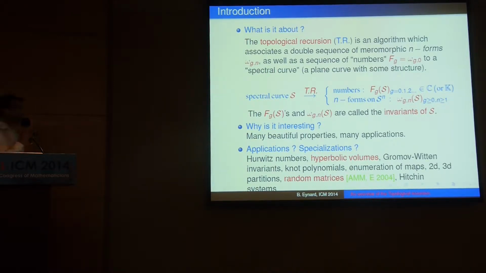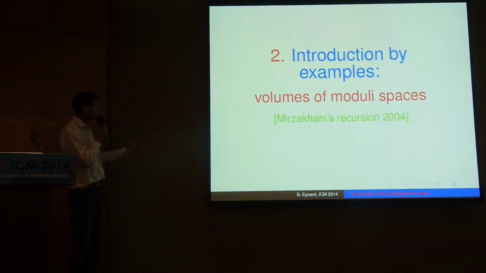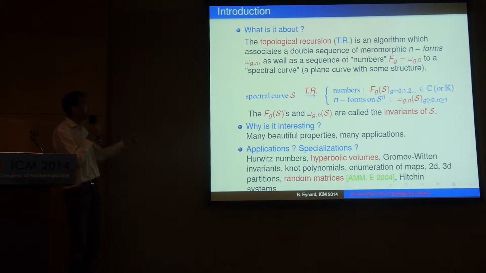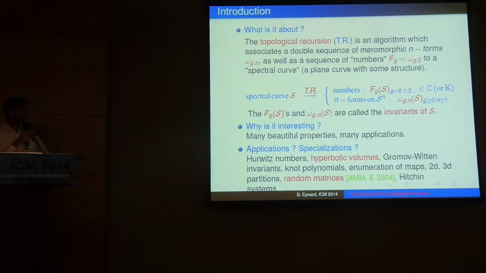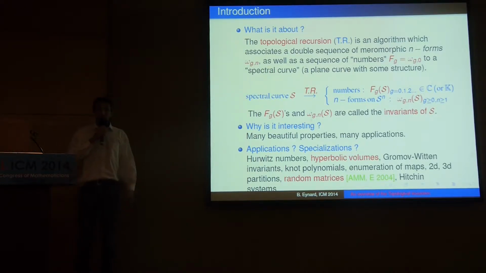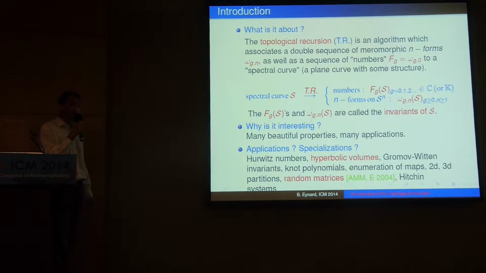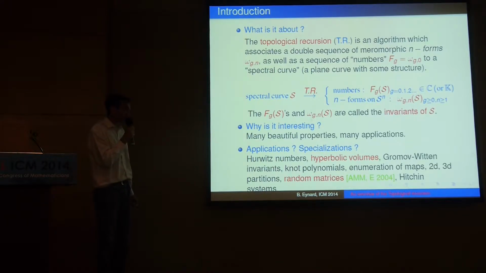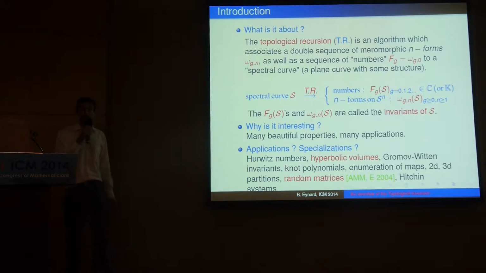But the idea behind all this, how the topological recursion was introduced, is that when you study random matrices and you want to compute large size asymptotic expansions, you realize that the coefficients in the large size asymptotic expansions depend only on the spectral curve, the large limit of the distribution of eigenvalues, and they depend on it in a universal way.